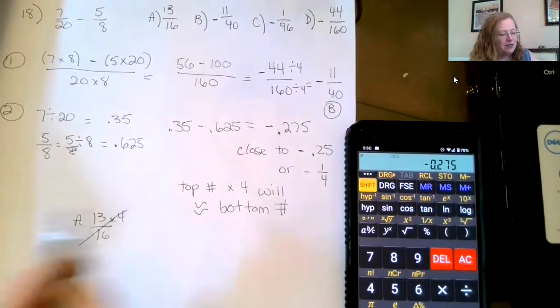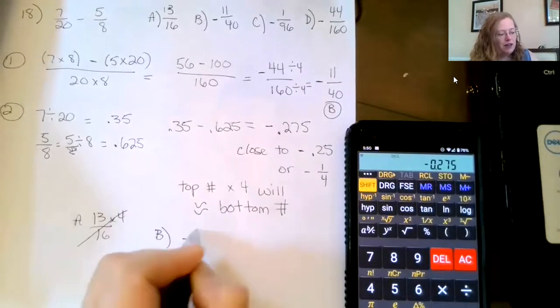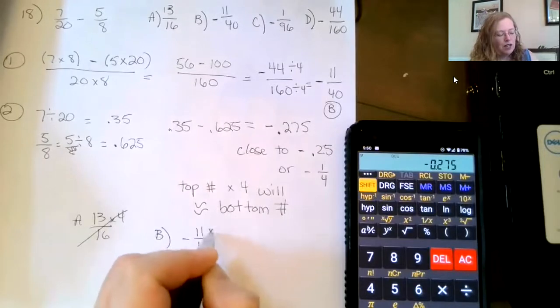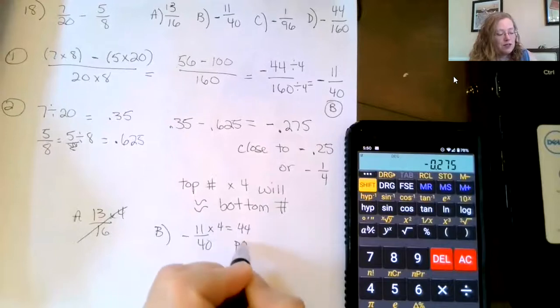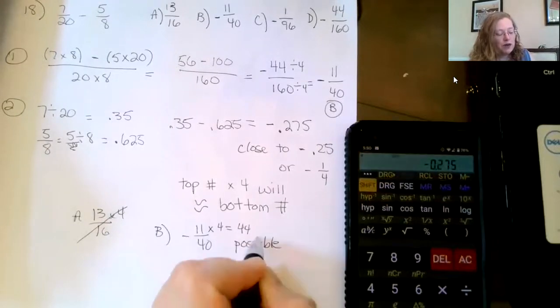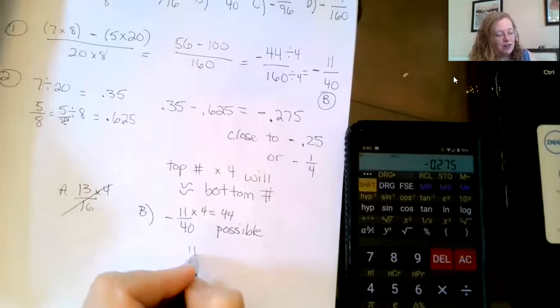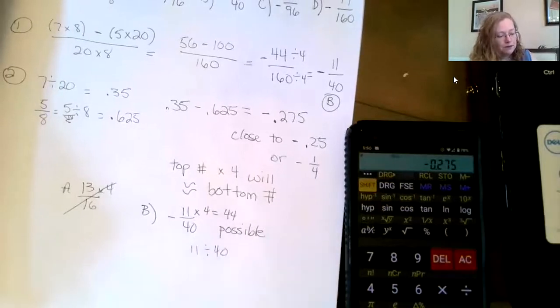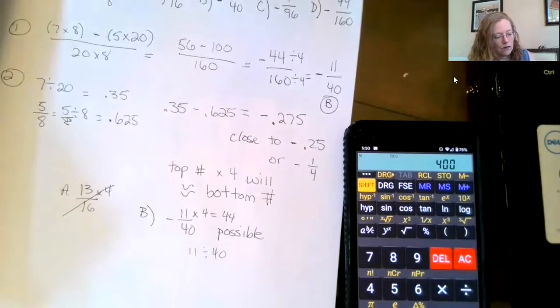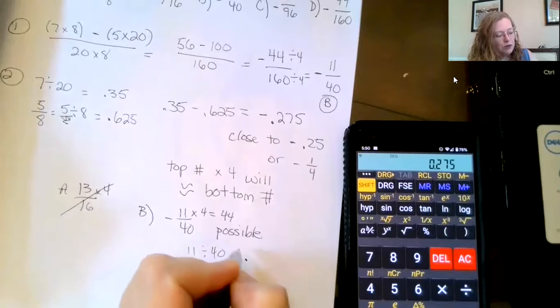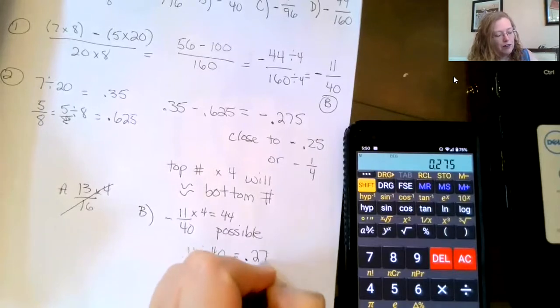So A is out. B, negative 11 over 40. Well, times 4 is 44. So this is a possible answer. In fact, at this point, I would do 11 divided by 40. And I would see that that's equal to 0.275.